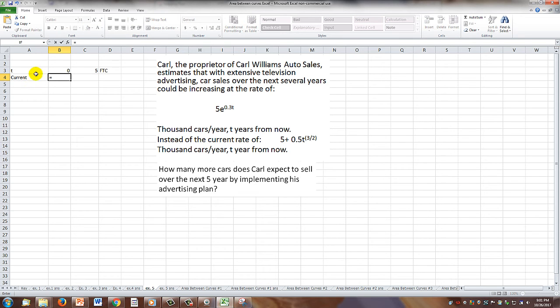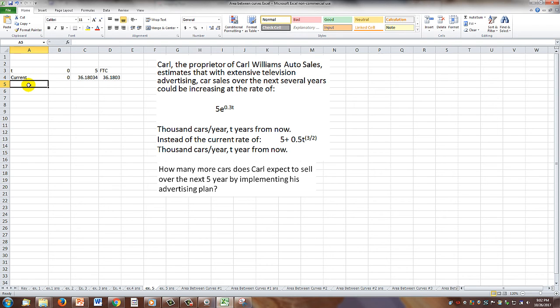And so if we take the antiderivative of this, that'd be 5 times t plus 0.5 times t^(3/2 + 1), which is 5/2, or 2.5, divided by 2.5, and that's that antiderivative. And then we want to find the area under this curve, so upper limit minus the lower limit.